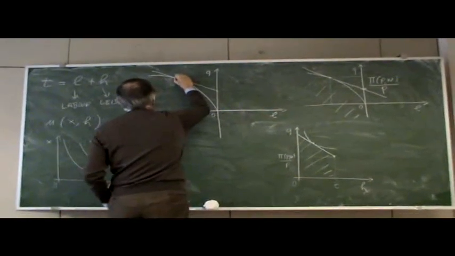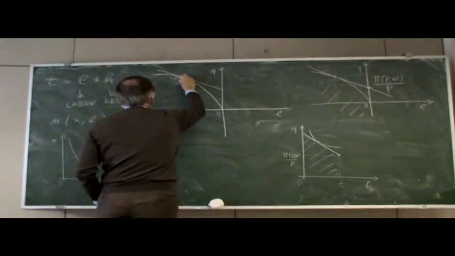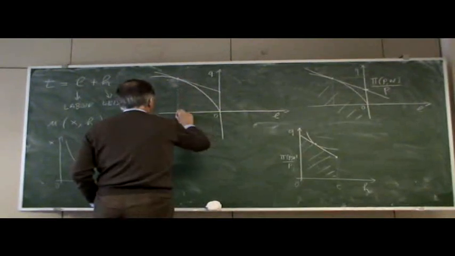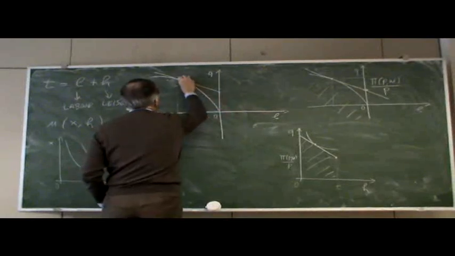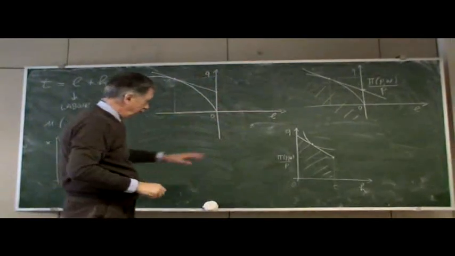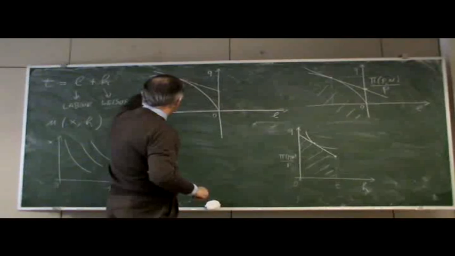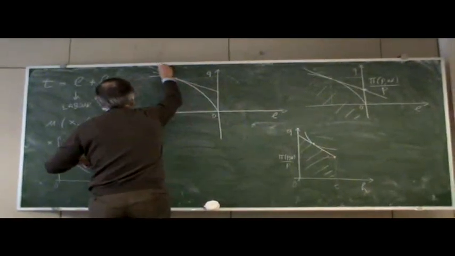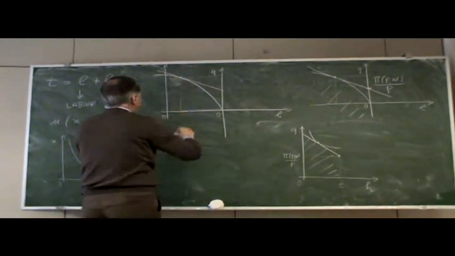This is the point chosen by the firm. The firm wants to employ this quantity of labor and to obtain this quantity of good. If you superimpose this graphic on this, you obtain exactly this budget line. Suppose that the vertical axis of a consumer is this.